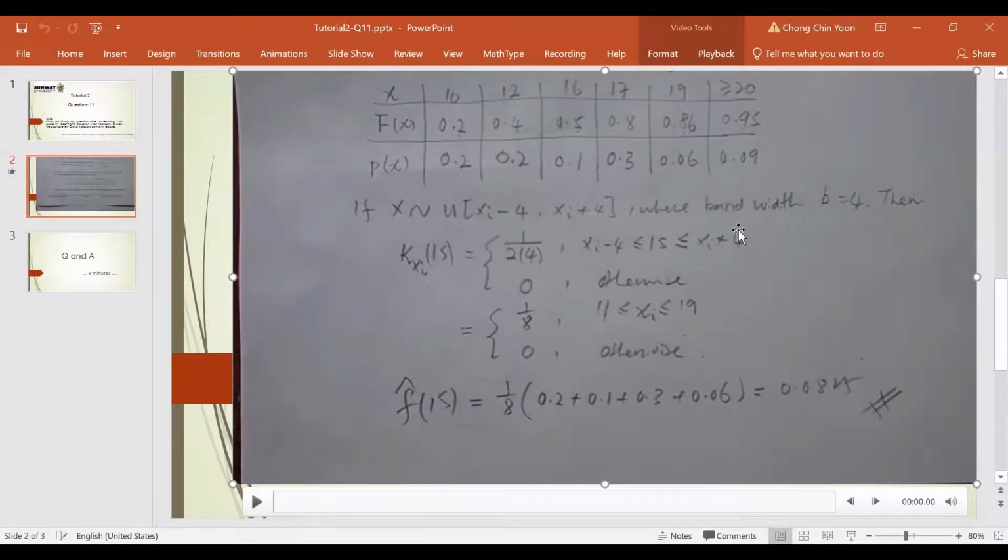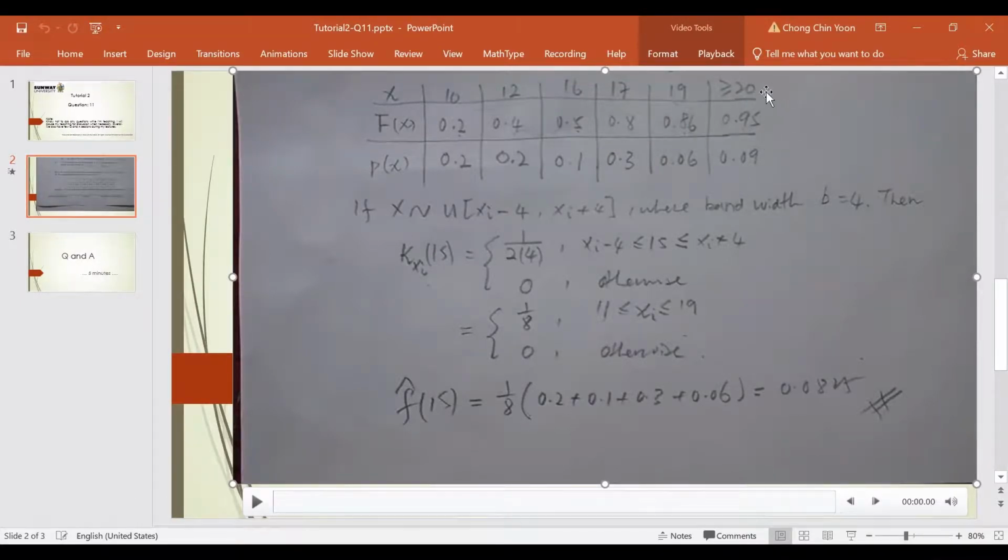However, this question does not involve the error here, because we only go up to 19. Remember, look at our range here. We only consider the data from 11 to 19, that is from 12 to 19. So this we do not include.